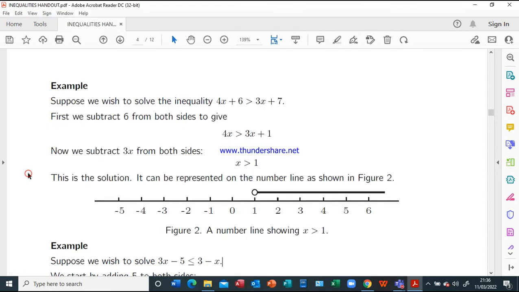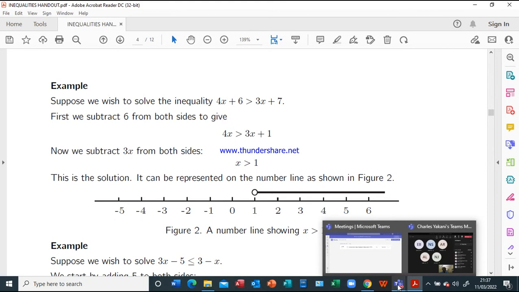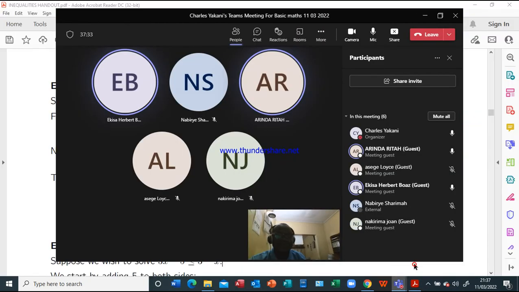I'm working on it. Okay, let me give you 2 minutes. Okay, are we almost there? I've got x is less than or equal to 2.